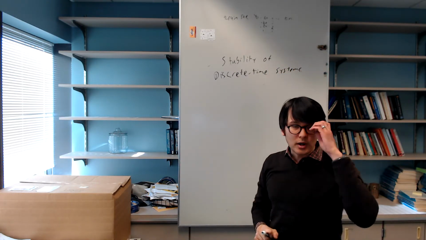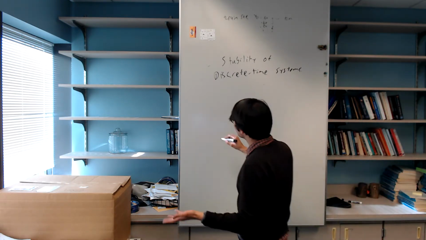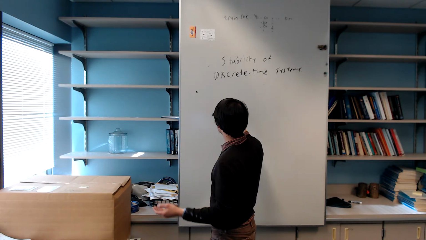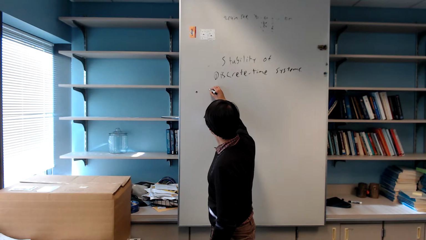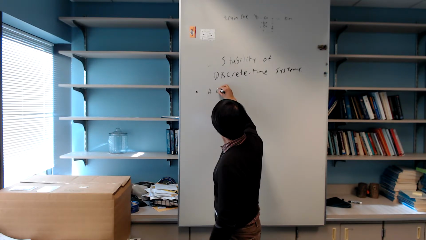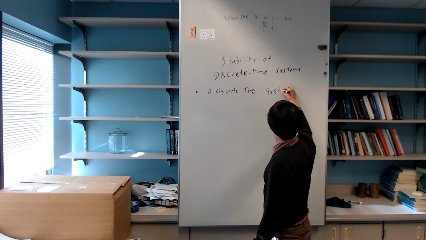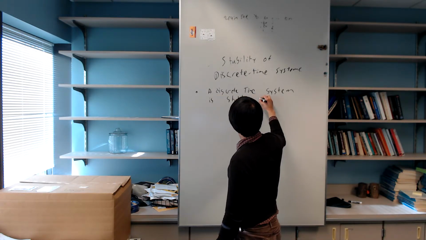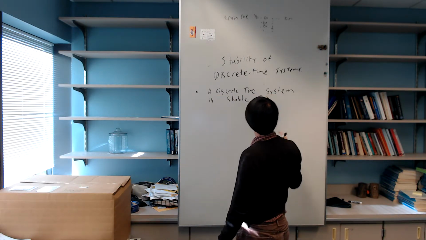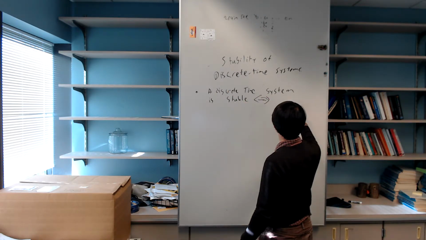And one of the main things that we're going to see here, the two punchlines of this, is that a discrete time system is stable if and only if the unit circle is in the region of convergence of its transfer function.